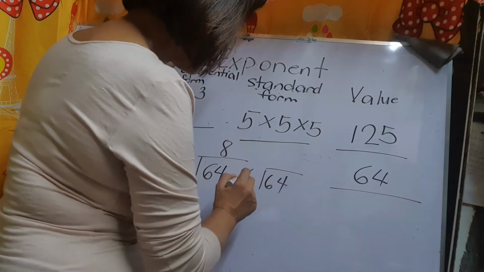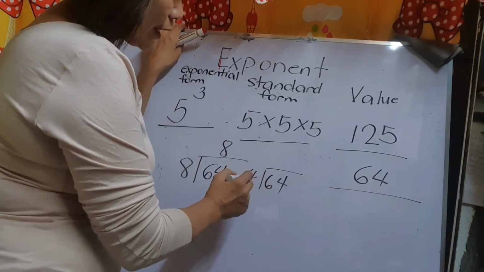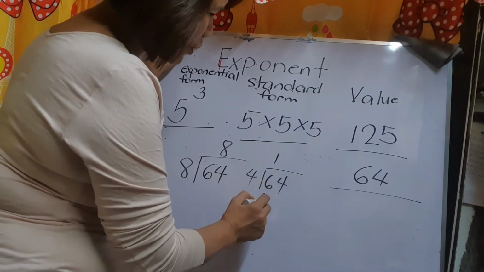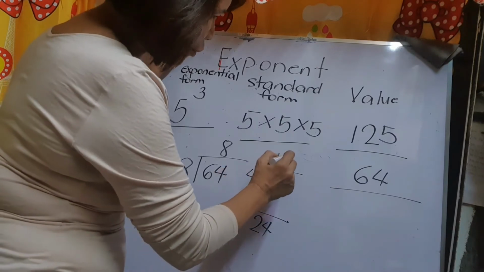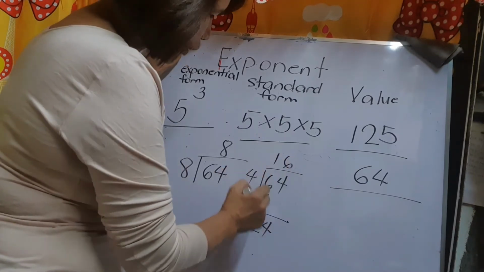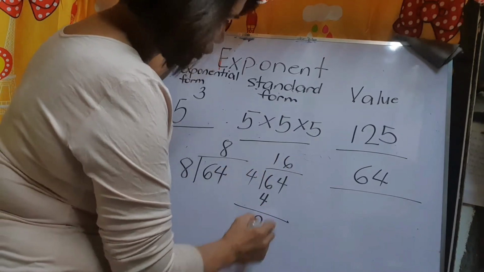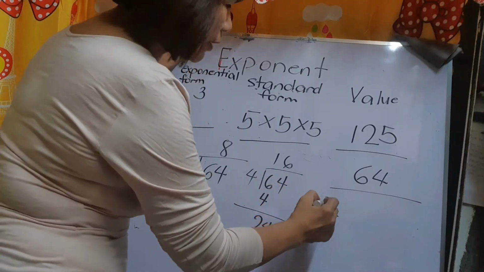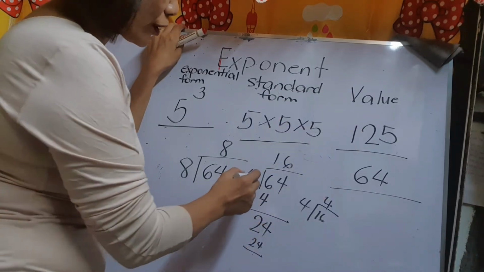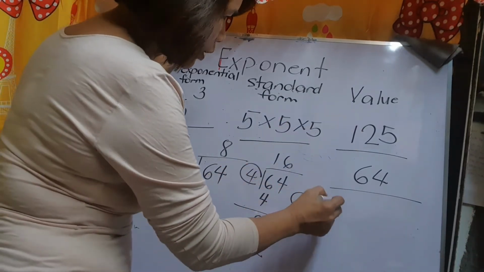Okay, so tingnan natin ang isa. 64 divided by 4. Sa 6, ilan ang 4? Isa. 1 times 4, 4. So, 24 divided by 4 is 6. So, 4 times 6, that is 24. Now, si 16, i-divide natin ulit sa 4. 16 divided by 4 is again 4. So, ilan ang 4? 1, 2, and then 3.